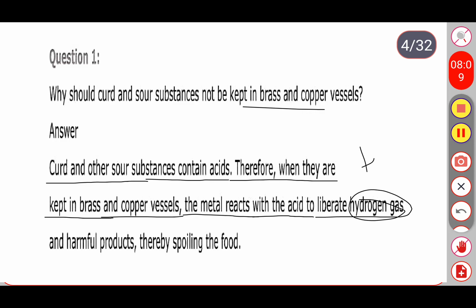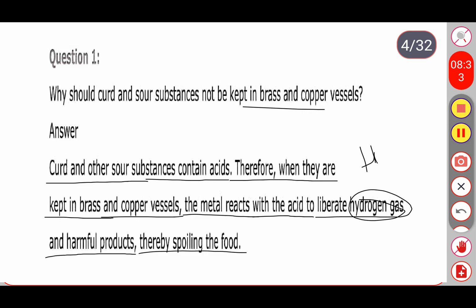Once it liberates the hydrogen gas, it is a harmful product, therefore the food will get spoiled. That's why we cannot keep curd and sour substances in brass and copper vessels.